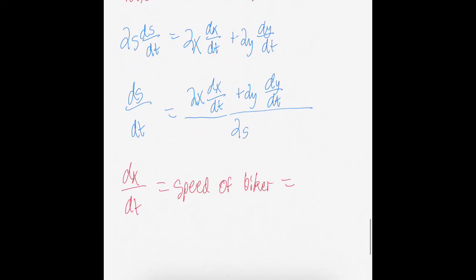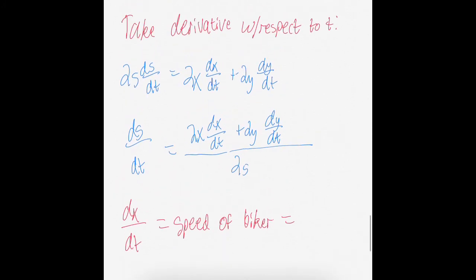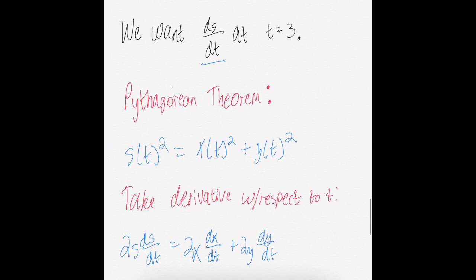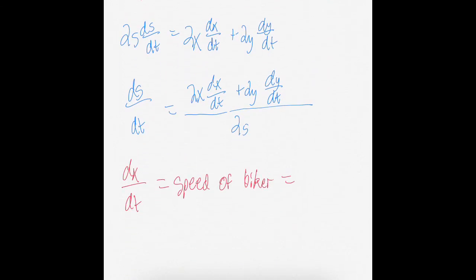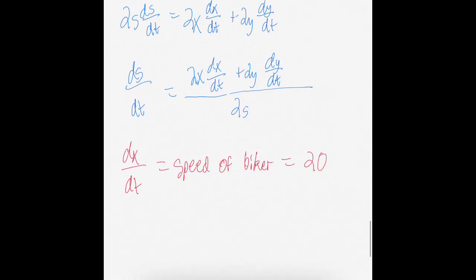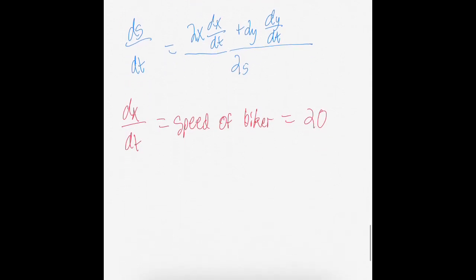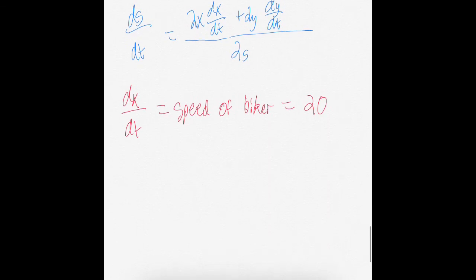And we are given that, I believe, right? Yes, the bicycle is moving at a constant rate of 20 feet per second. It's great that it's constant because then we don't have to worry about this whole 3 seconds later business. Remember, we want this derivative at t equals 3. But since this rate of change is constant, it doesn't matter whether t is 0, t is 20, or t is 1,000,000. The dx dt will always be 20.